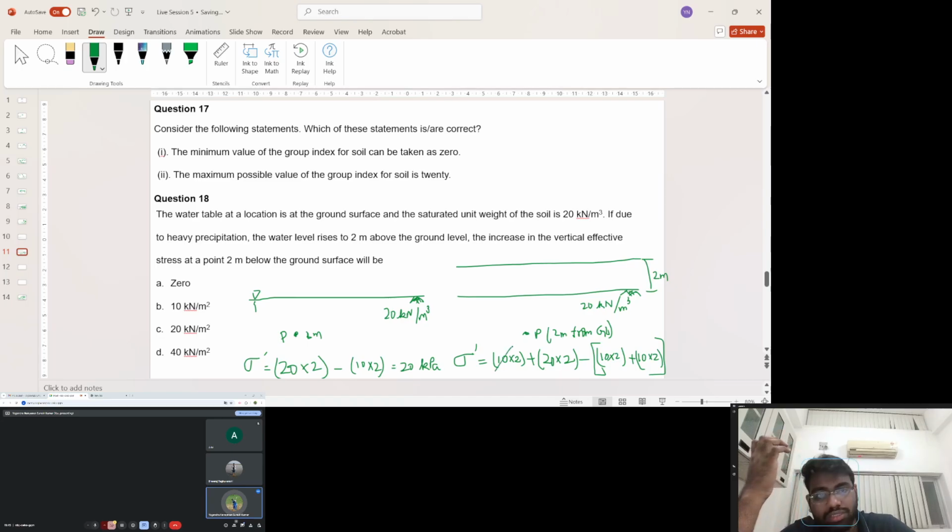So if you see, this and this get cancelled, and ideally you get 20 kPa. So if you notice, the change here will be 0.